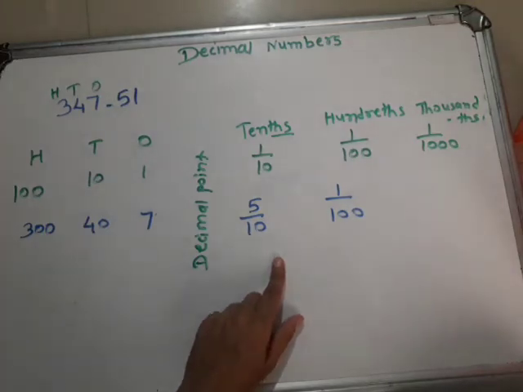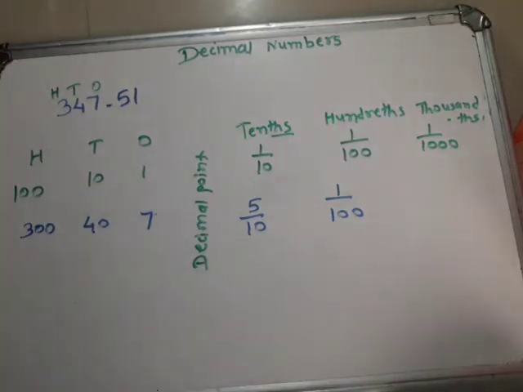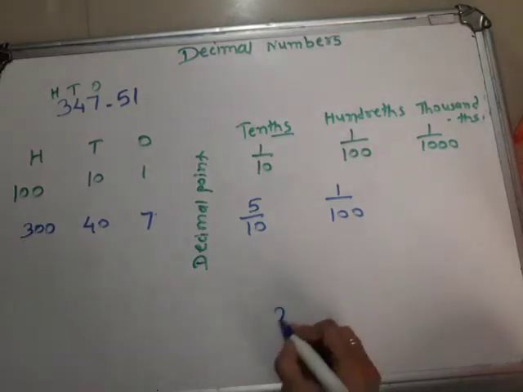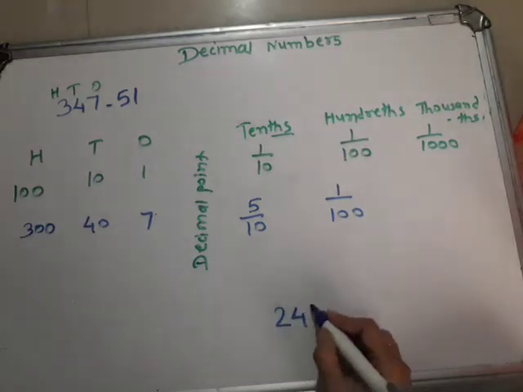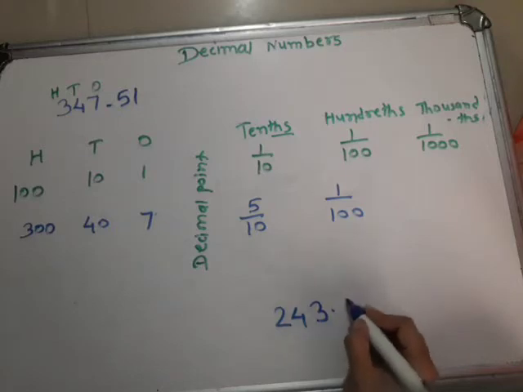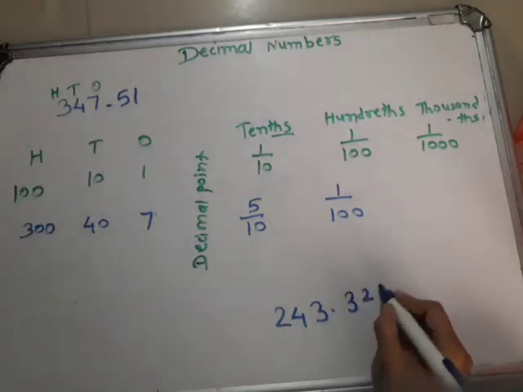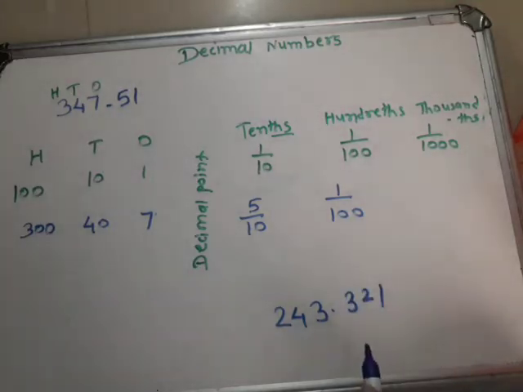Now suppose we take one more example. Suppose we write the number 243.321. First we see how to read the number. We read the number 243 as it is.